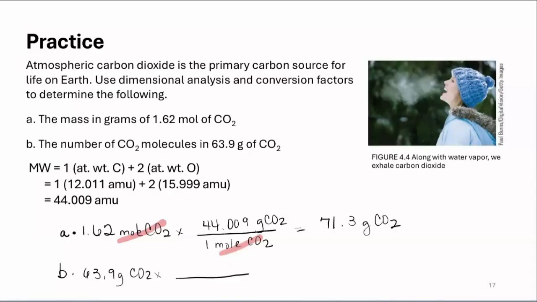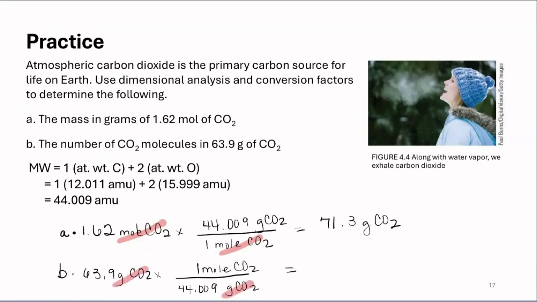So when it comes to this, I'm going to write in the bottom 44.009 grams of CO2 over 1 mole of CO2. That means that when it comes to unit cancellation, the grams of CO2 cancel with each other.